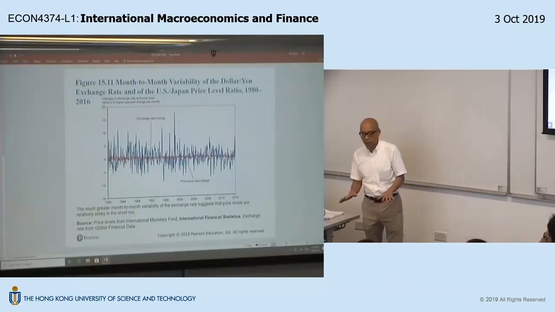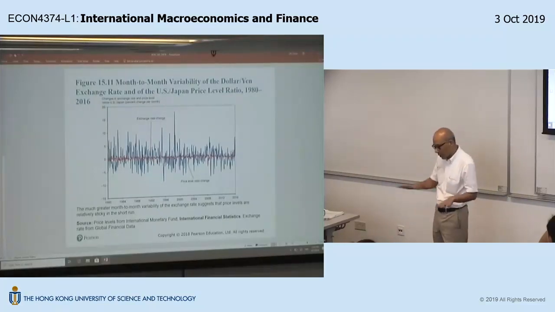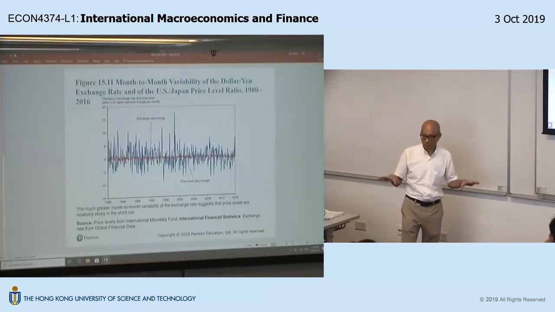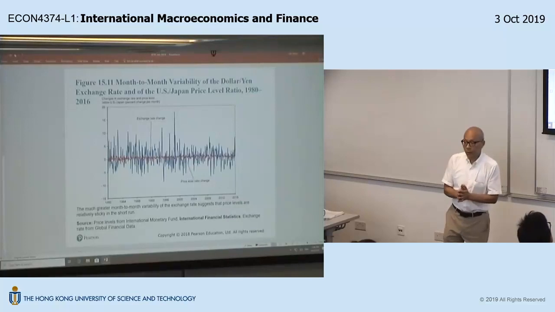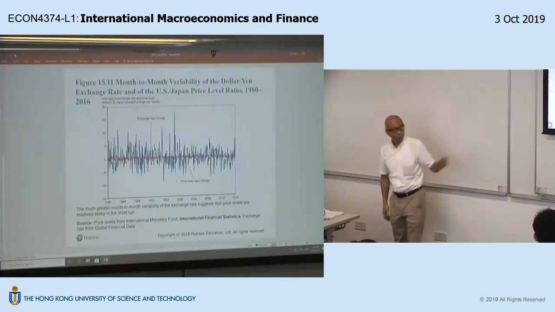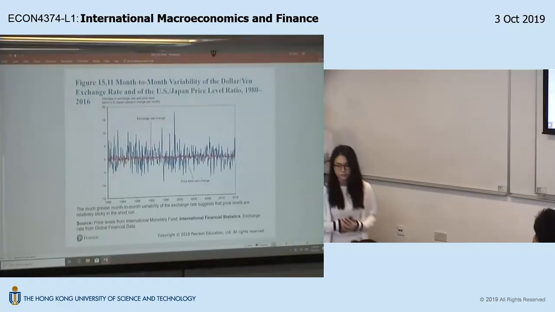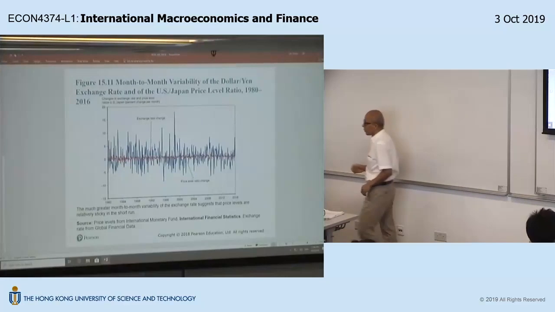When you have stability of wage, you also have stability of cost, and stability of cost also leads to stability of prices. So that's why price is more sticky. This justifies our assumption that in the short run price is sticky.